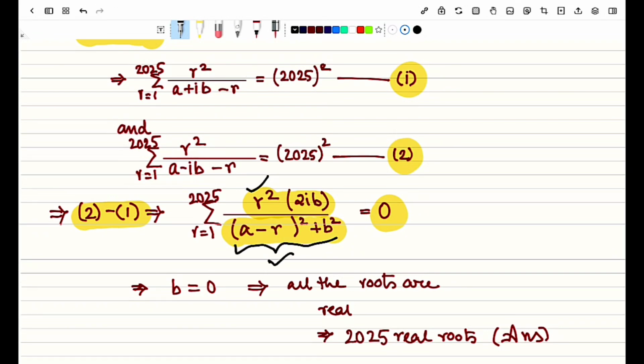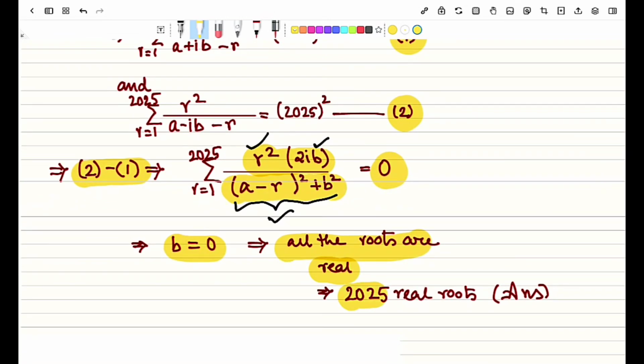You cannot say about the individual elements of the denominator, but the denominator as a total is a positive number. So the only variable remaining is b, and it must be equal to 0 for the following to hold true. Therefore b must be equal to 0, and therefore all the roots are real. So the answer is that 2025 real roots are there for the equation.